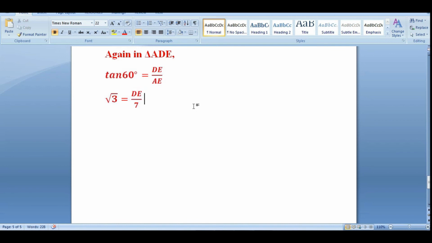Now D will be how much? Now the DE length is 7 root 3 meter.